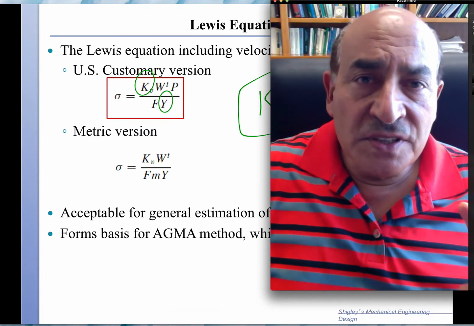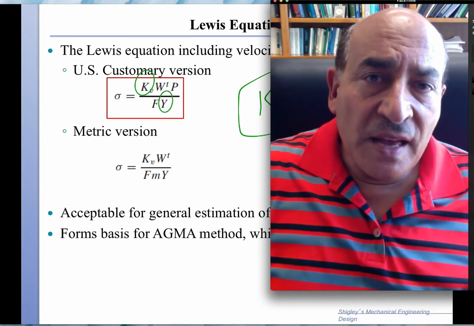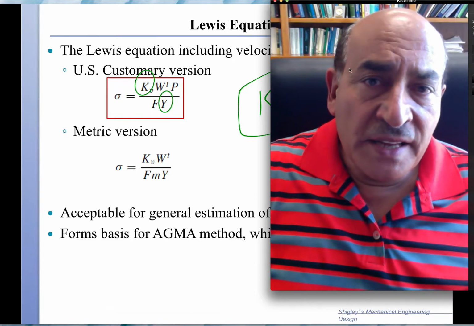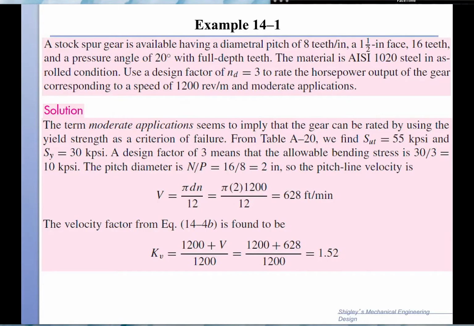So the two factors that we have, the K sub V and the Y, are going to be much more involved and have a number of other correlations. And that's what I'm going to show you now, the AGMA method, after we take this example.